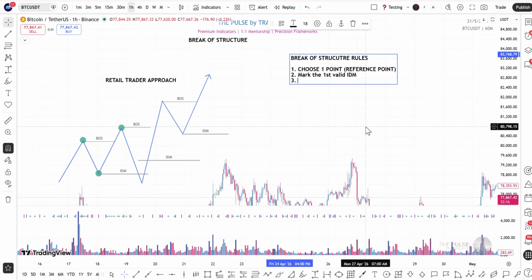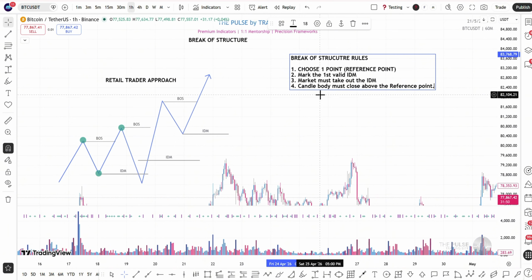Rule number three, the market must take out that IDM. Number four, candle body must close above the reference point. Here.